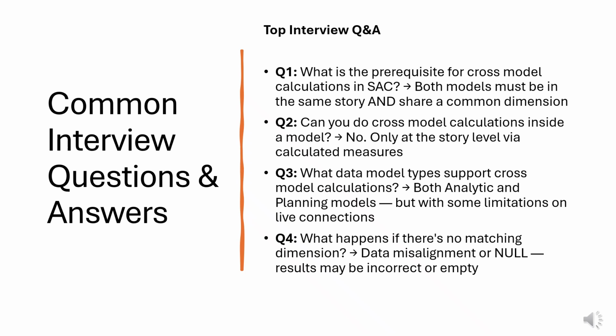Third could be: which model types are supported? Both analytics and planning models work, but note that live connection models may have limitations. And finally, what happens when models don't share a common dimension? Simple, there could be data misalignment. You may get nulls or incorrect results, which can be a critical bug in production reports.